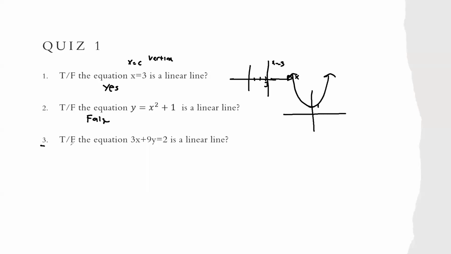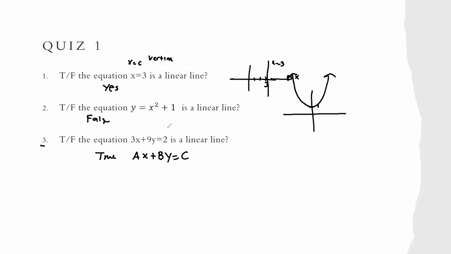Question 3. True or false, the equation 3x plus 9y equals 2 is a linear line? Couple seconds. What do you think? I'm going to say true. It is in standard form, ax plus by equals c. That is a linear line.